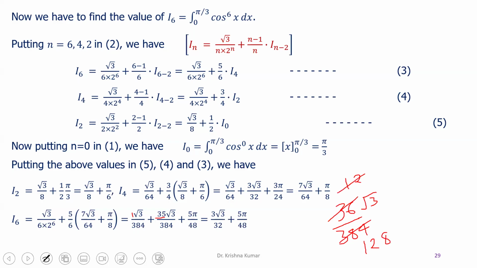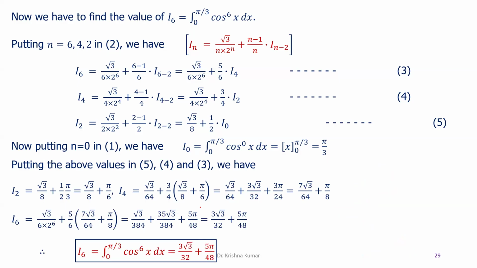Again, if we divide by 4, 4 threes are 12, 4 threes are 12, 4 twos are 8. So 3 upon 32 is the last part. 3 upon 32 root 3 plus 5 pi by 48. So this is the final value of I6.